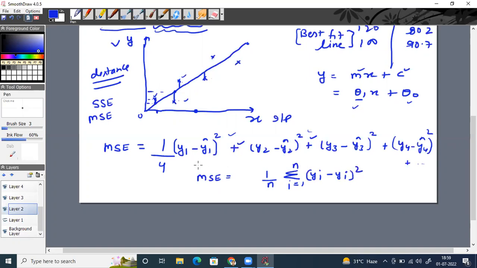Right? So can you tell me, everyone, can I write the above expression in this manner or not? Yes, sir. Right, it is the same expression.